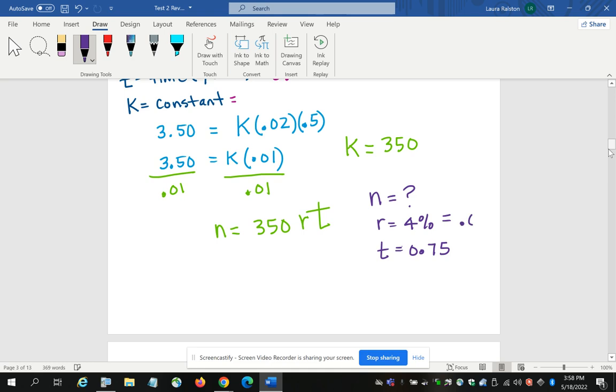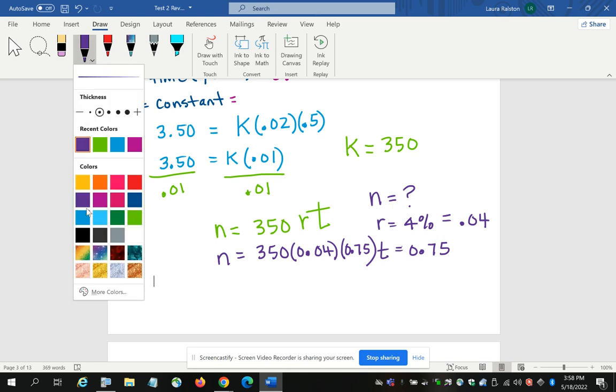Again, remember to convert your percent to a decimal. So plugging into that specific formula, I would have N equals 350 times the 4% times the 0.75 of a year. Guys, at that point, it becomes a calculator problem. Okay, so we would type 350 times 0.04 times 0.75 and hit equal.